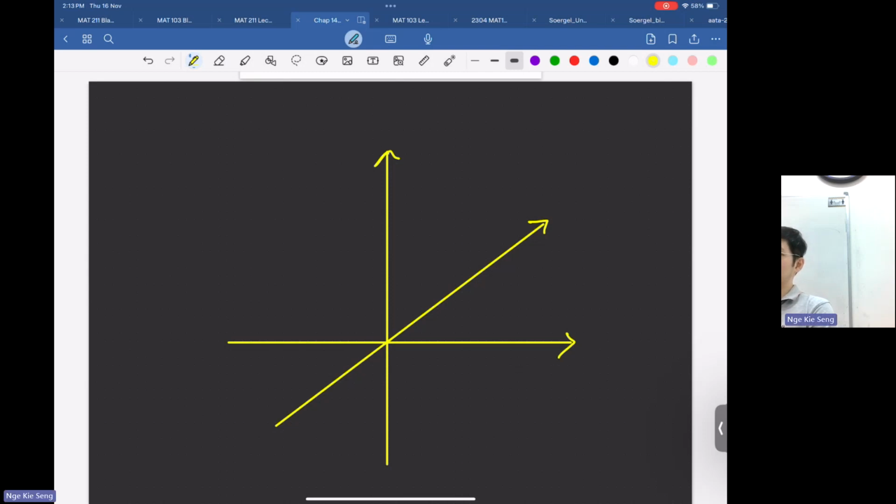Let me think. What surface are not symmetric? How about draw a cylinder? Okay, let's draw a cylinder on this direction.